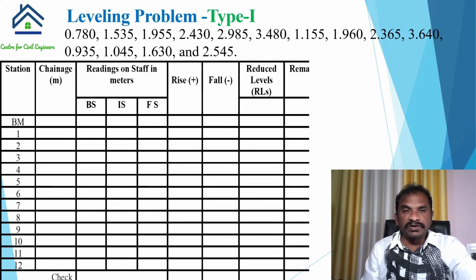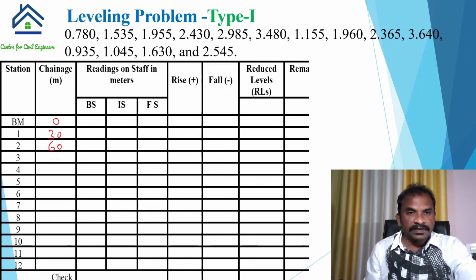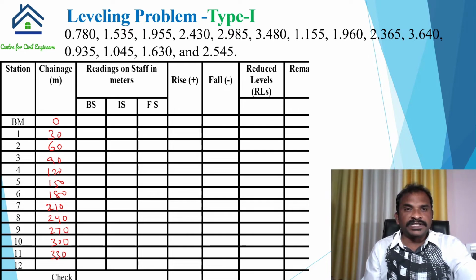Then chainage. All these values are taken at an interval of 30 meter chainage. Chainage is nothing but distance. This is 0, 30 and 60, 90, 120, 150, 180, 210, 240, 270, 300, 330. Likewise, all these values are taken.